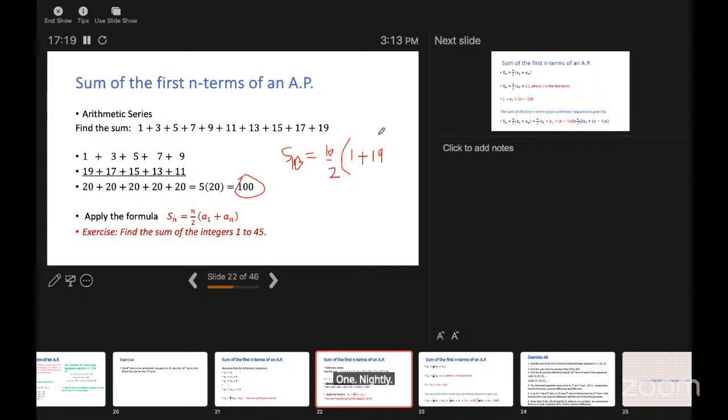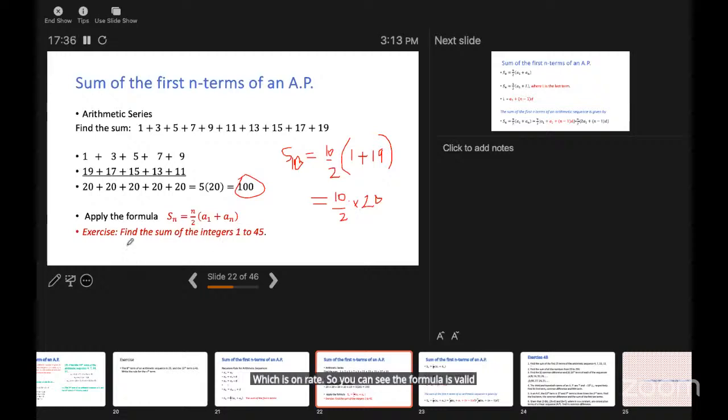This gives 10 over 2 times 20, which is 100. So you can see the formula is valid.